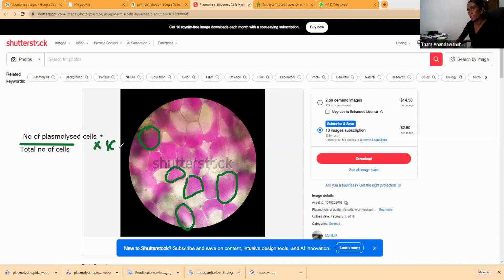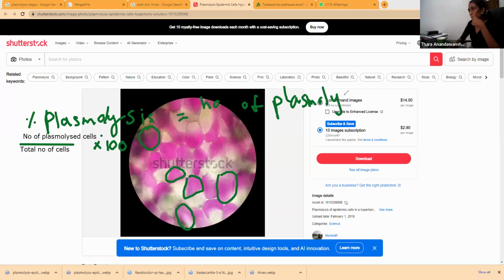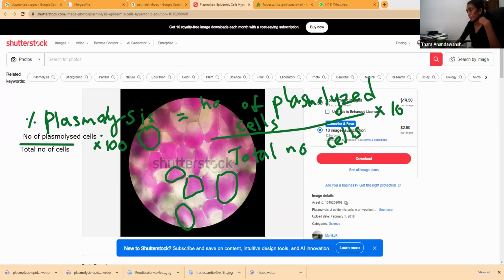So what are we going to take here? We are going to take the percentage plasmolysis. Percentage plasmolysis is equal to the number of plasmolyzed cells divided by the total number of cells in the microscopic field, multiplied by 100. Okay, got it?